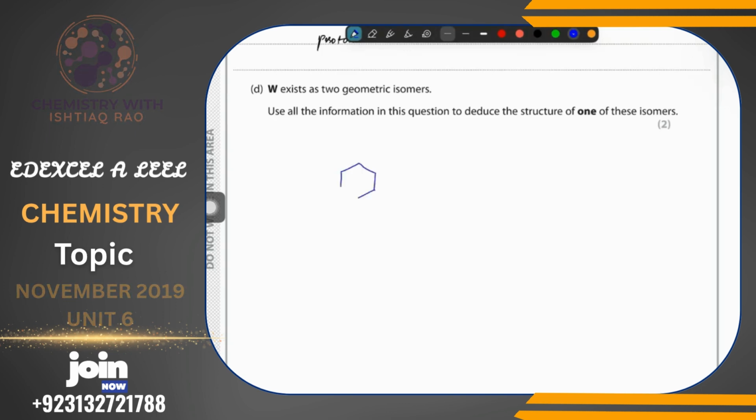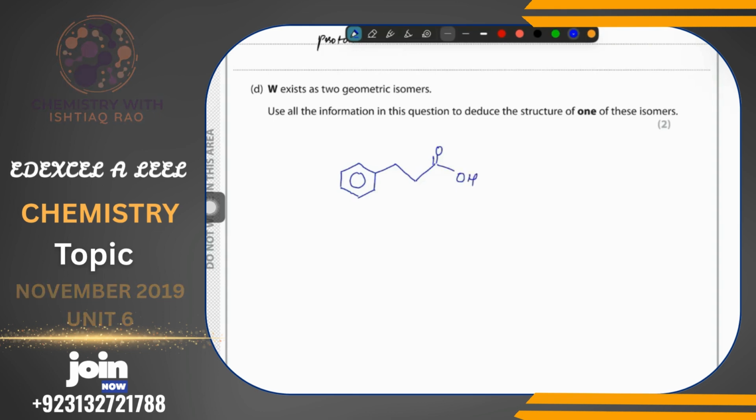How many carbon atoms are there in a benzene ring? One, two, three, four, five, six, and then after that seven, eight, and then nine are still missing. Of course, there should be a double bond.